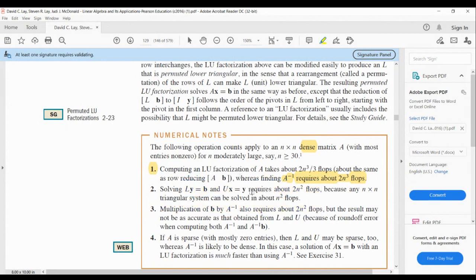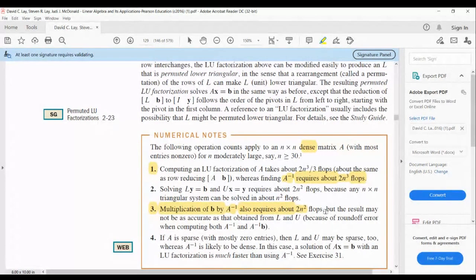Let's focus on what if we solve a system of equations by doing x equals A inverse times B? To find the inverse, it's going to take 2n cubed flops, and that's in comment 1. Then comment 3 says multiplication of B by A inverse requires 2n squared flops. So the whole process would take 2n cubed plus 2n squared flops.